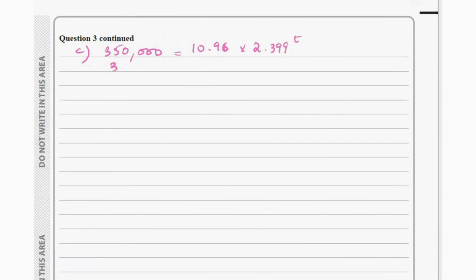So first, we're going to divide 350,000 by 10.96, which gives us a value of 31,934.31. After that, what we're going to do is put logs on both sides, like we did in the previous part, so that we can bring the variable down.